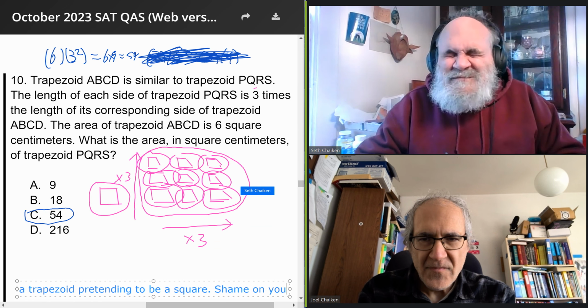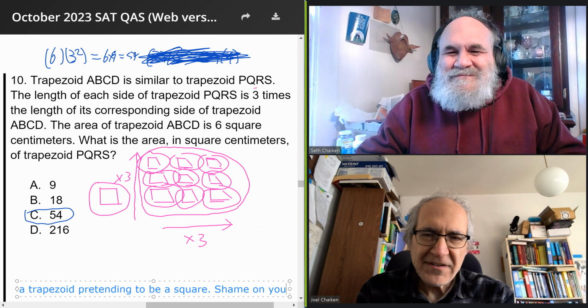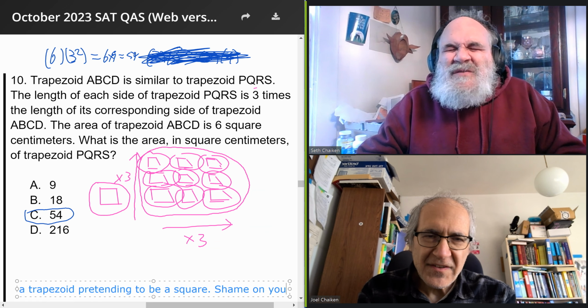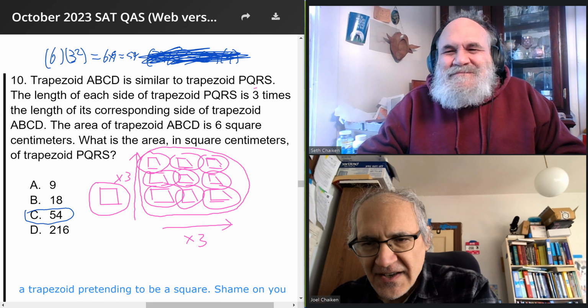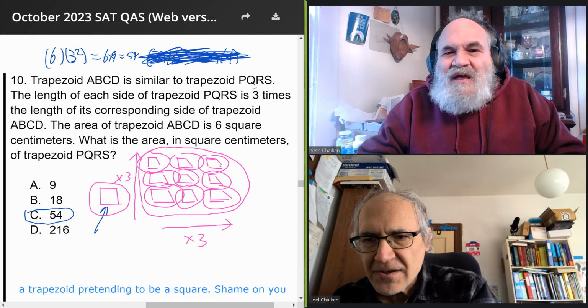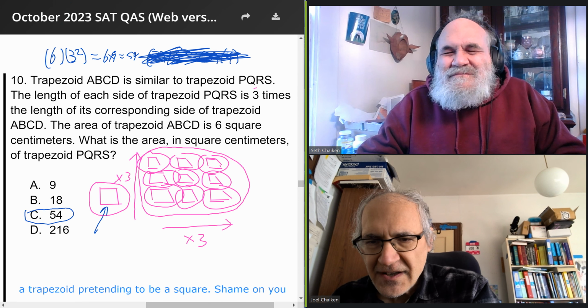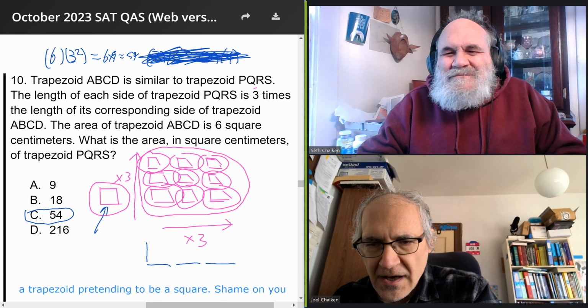Right. I'm not sure I totally get it. I mean, this is the intuition. This is sort of a sketch. Intuitive approach, right? So you're basically saying if you have one thing, it gets expanded by 3 here, and also 3 up.